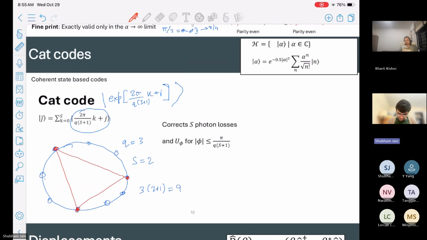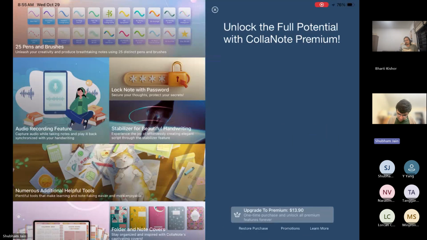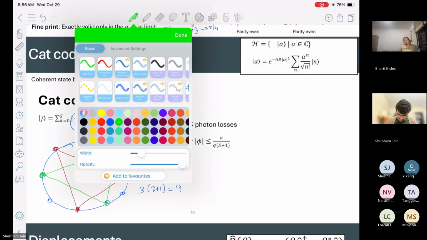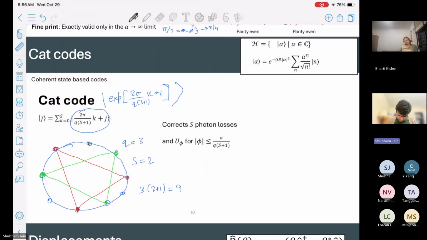These are not really uniformly separated as I've drawn them, but we would want them to be. Then this guy would be another code state. And let me use maybe blue or black. This guy, this guy, this guy. This would be the third code state.